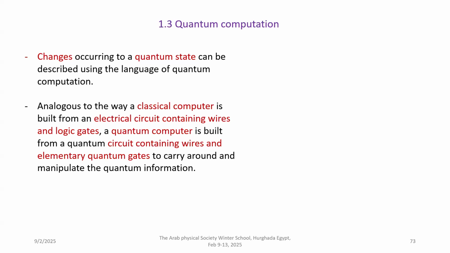Assalamu alaikum, everyone. Today, إن شاء الله, we are going to talk about quantum computation. In the previous lectures, كنا بنعمل introductory part about quantum mechanics and how to treat a qubit.